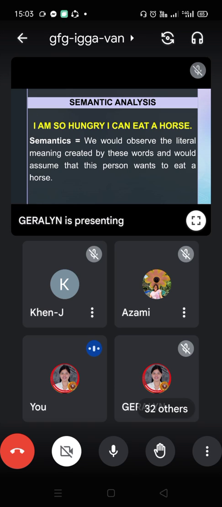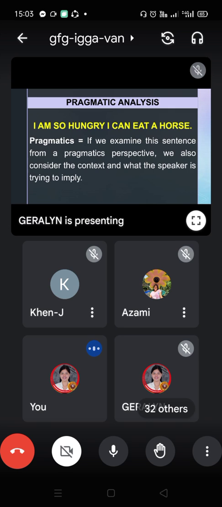In semantics, if we only consider semantics, we would observe the literal meaning created by these words and would assume that this person wants to eat a horse. Literally. Okay? But with pragmatics, if we examine this sentence from a pragmatic perspective, we also consider the context and what the speaker is trying to imply.